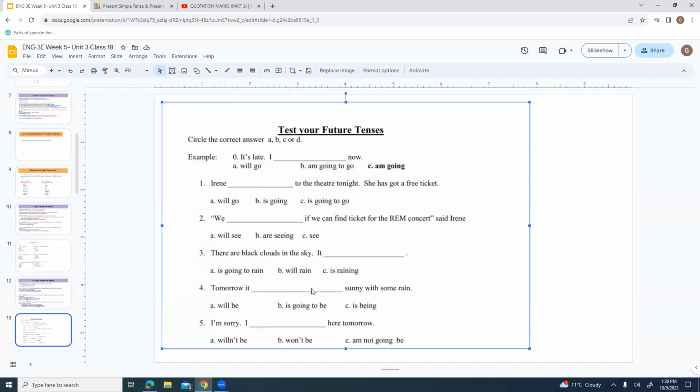Tomorrow, it something sunny with some rain. It will be sunny, or is going to be, or is being. And again, you got the will, it's happening tomorrow. It's going to have the future tense there. I'm sorry, I something here tomorrow. Ooh, got negatives here, which we haven't really talked about. I'll tackle that on Monday. I will be. I won't be.